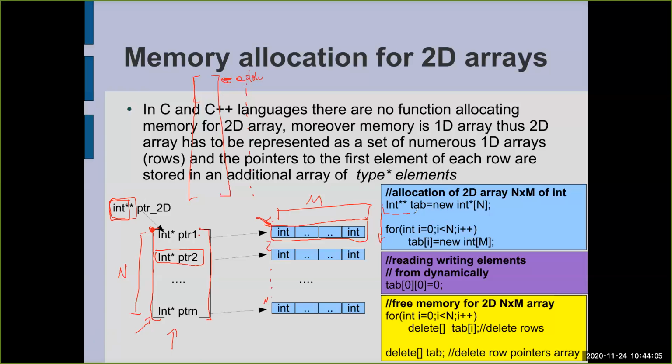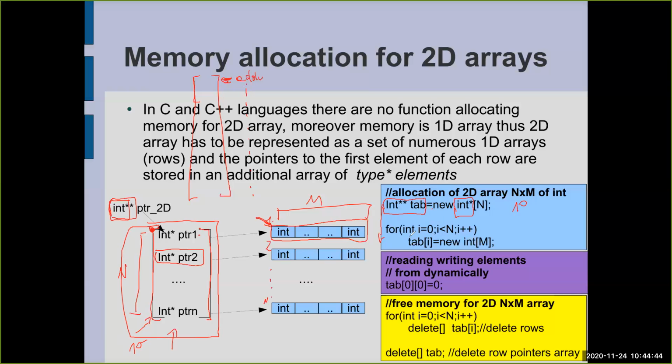I have the address of the array of pointers, so the integer double pointer, and I allocate memory for an array of type pointer to integer. Yeah? So in this process, this array is created. So here is stage 1.